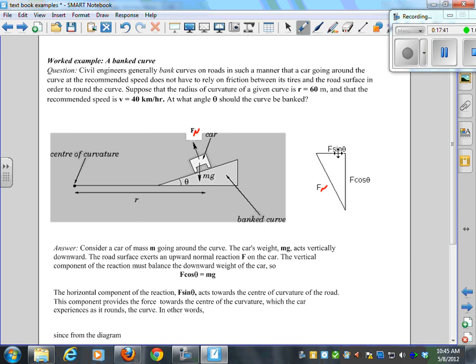This little triangle right here is the same as that triangle blown up. And this we're going to call F sine theta, and this we're going to call F cos theta. Now my mg, this one right here, is like this.